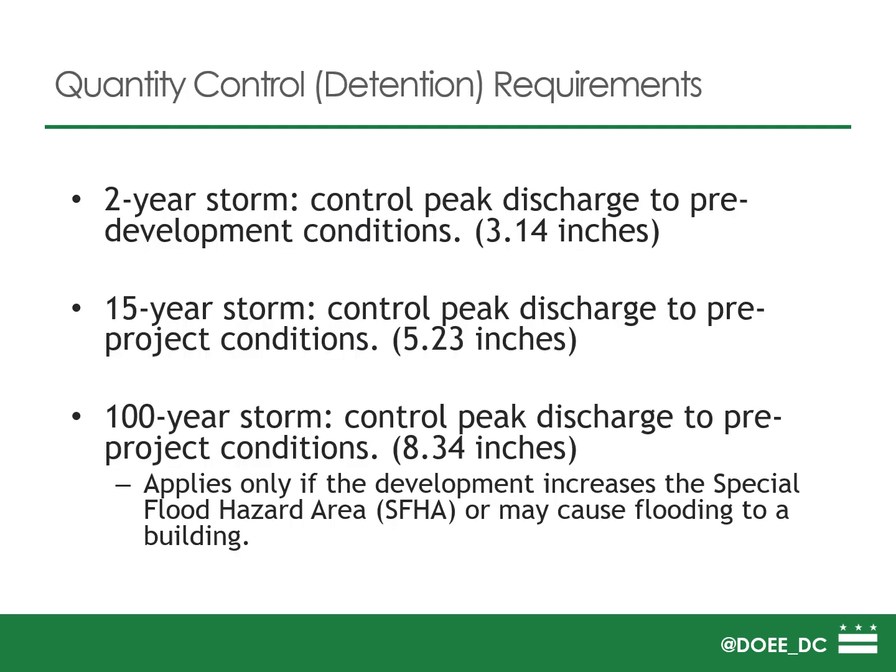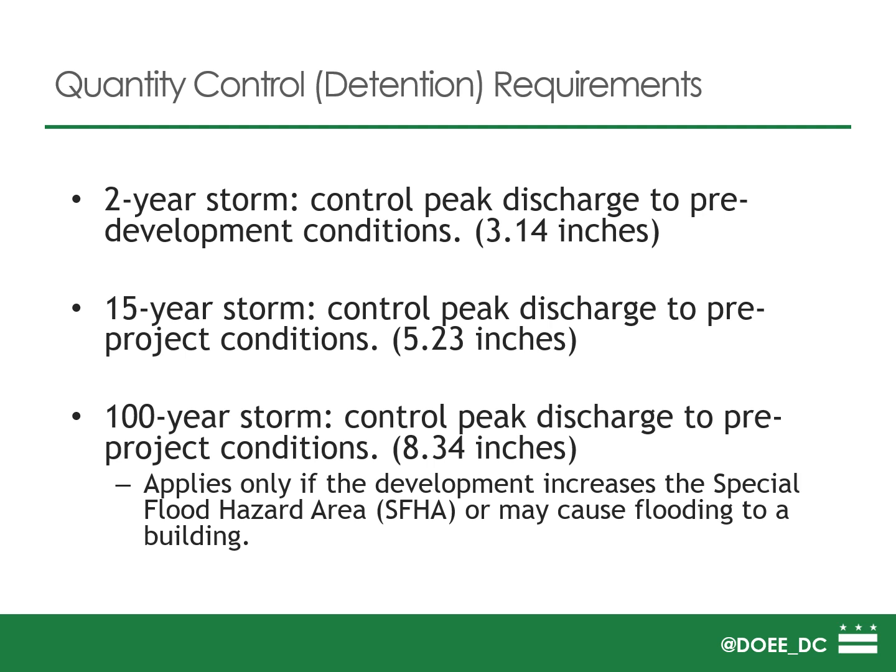In addition to the retention requirements that I've been discussing up to this point, there are also detention requirements, or quantity control. And these must be controlled from the site discharge in terms of the peak discharge. So we want to control the peak discharge to pre-development conditions for the 2-year storm and control the peak discharge to pre-project conditions for the 15-year storm.